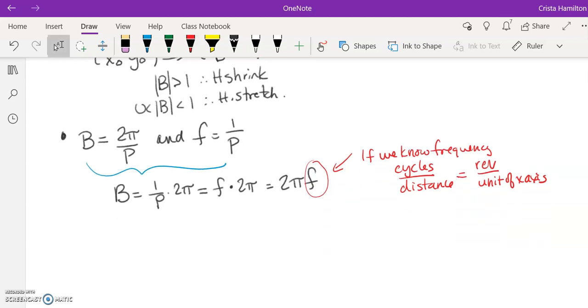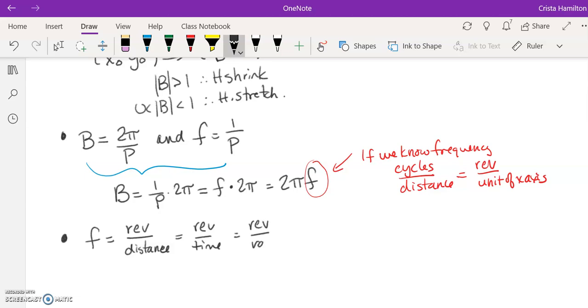Now, one thing to take a look at is another important fact, relating this back to some of the applications we did at the beginning of the trig unit. Looking at this frequency, when frequency is revolutions per distance, or I must say it could be revolutions per time, could be revolutions per radian, and so on, this really does have a direct relationship to something we're going to talk about.